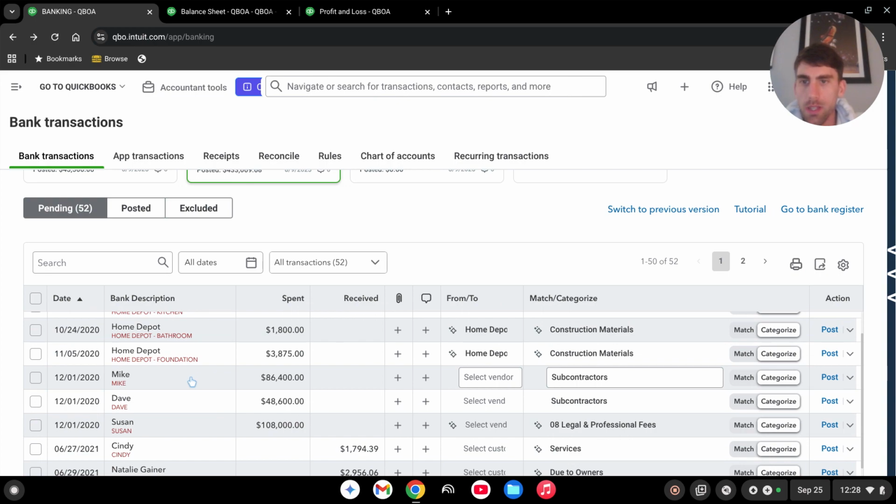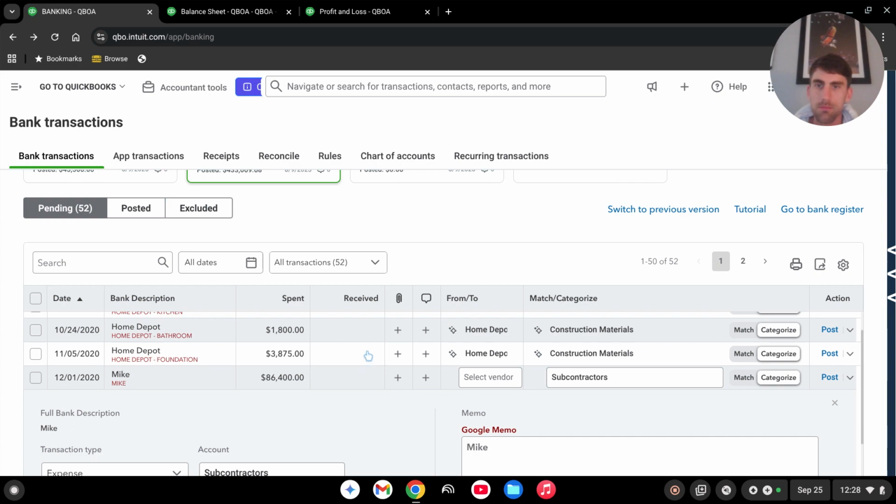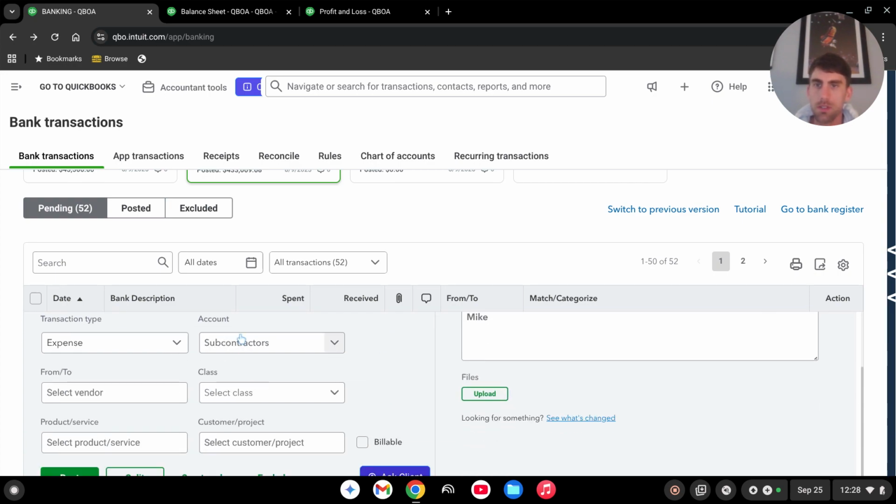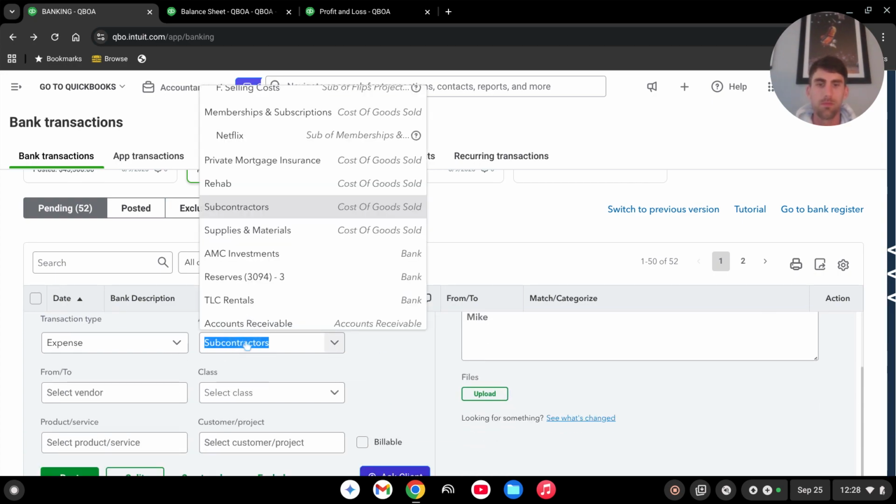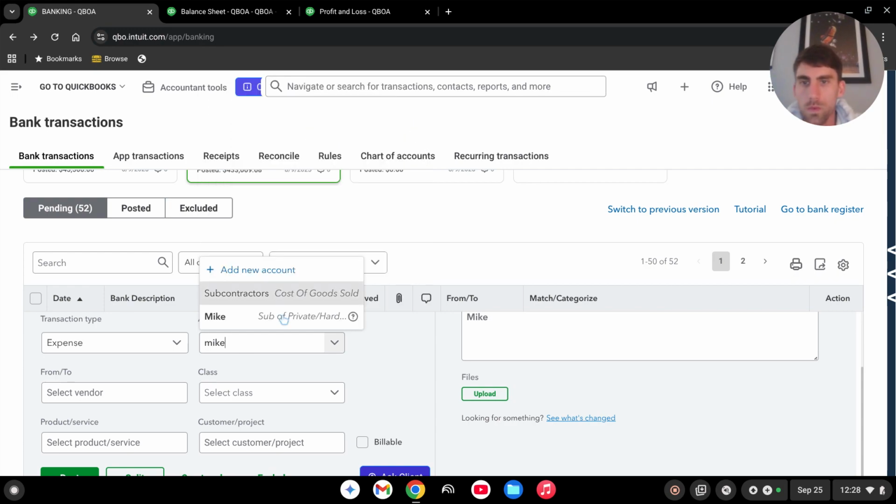And now we need to pay back our lenders. We have Mike who lended us $80,000. We're gonna go back into here. So we'll put it back into the liability.